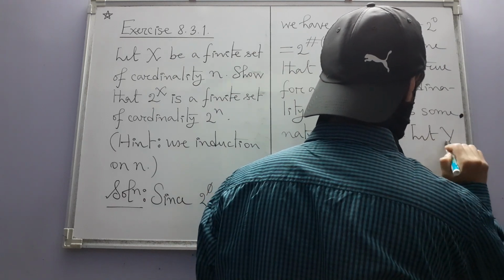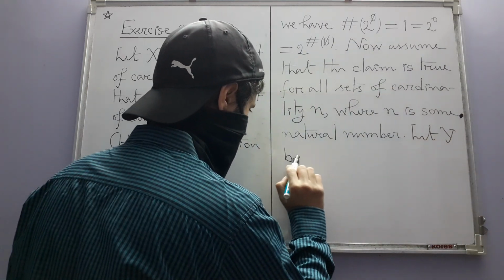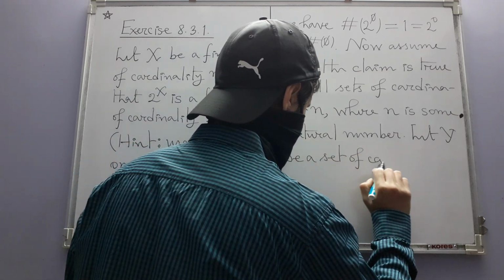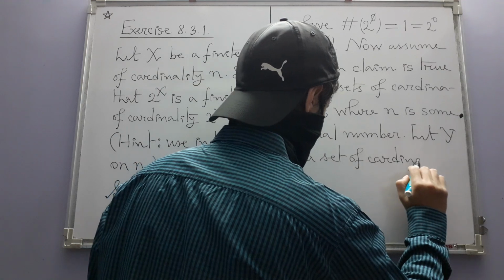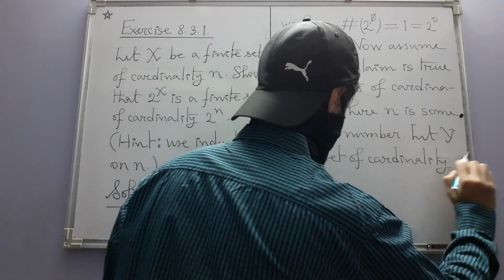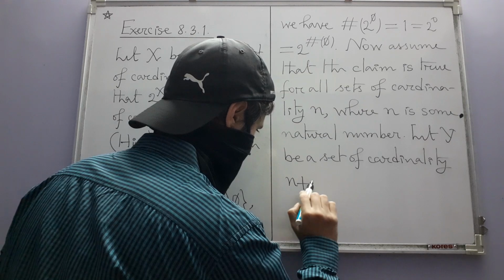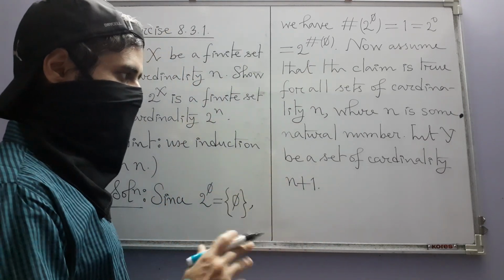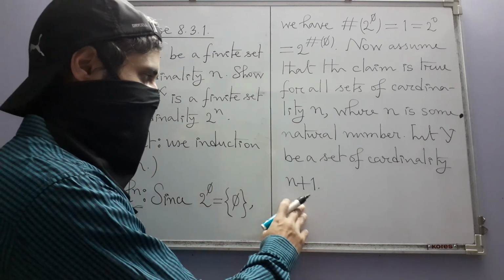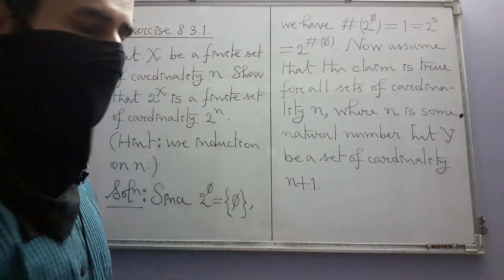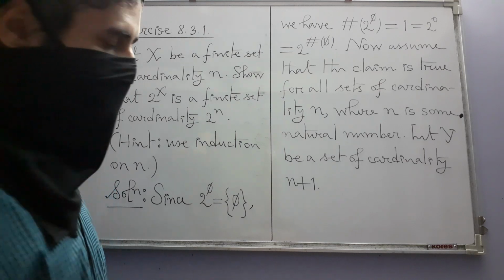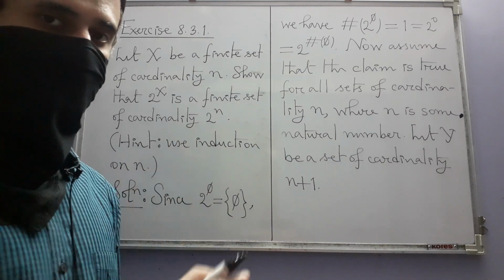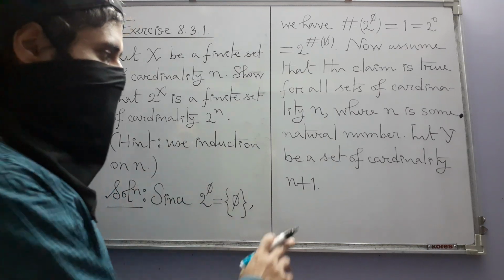Let Y be a set of cardinality n plus 1. Then n plus 1 is a positive integer, and that is why Y is non-empty, so we can choose one element in Y. All of these things come from some things that we have already proved.